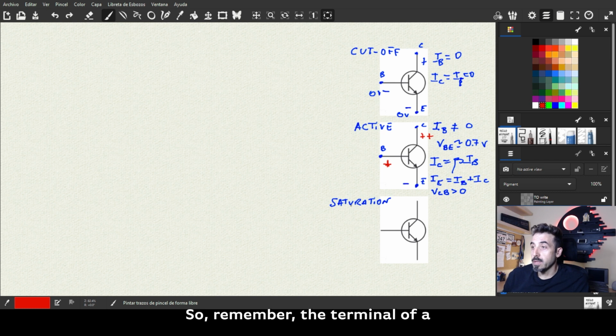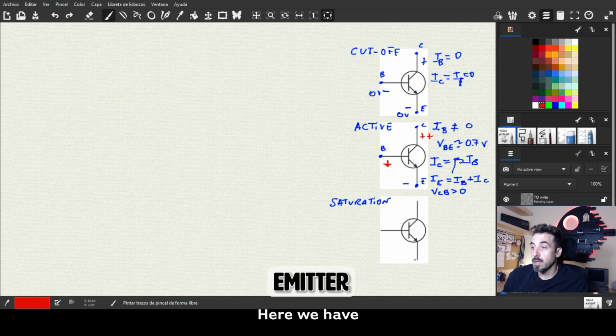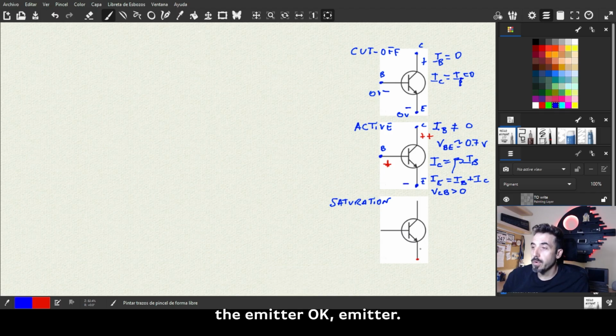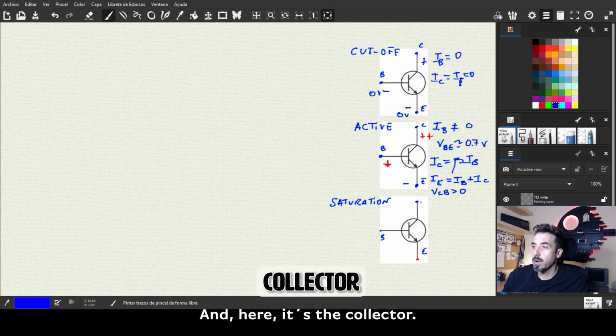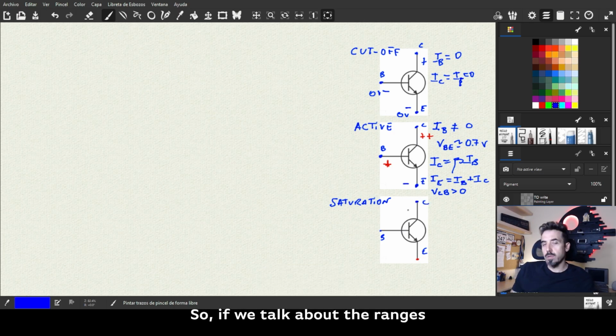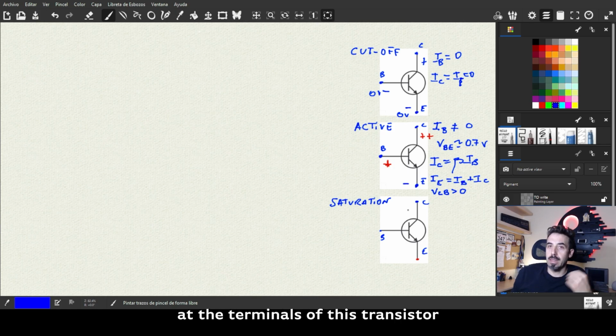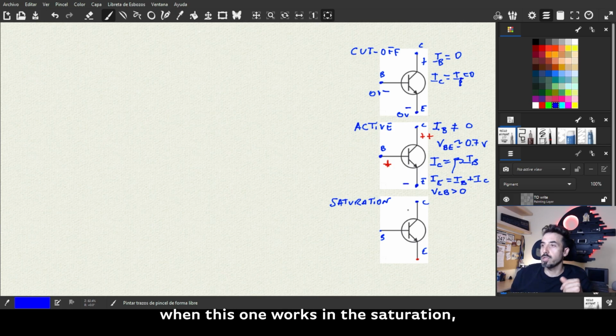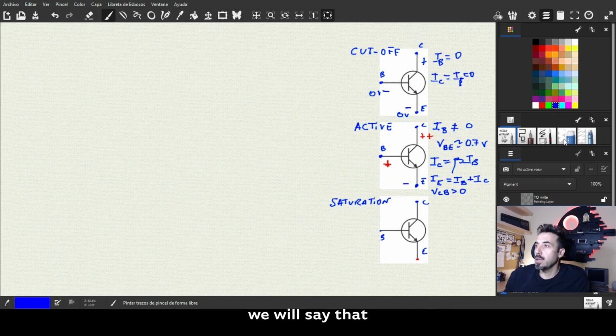So remember the terminals of a bipolar transistor. This is an NPN, and here we have the emitter, here is the base, and here is the collector. If we talk about the ranges of voltages at the terminals of this transistor when it works in saturation, we will say that the lowest voltage is going to be at the emitter.